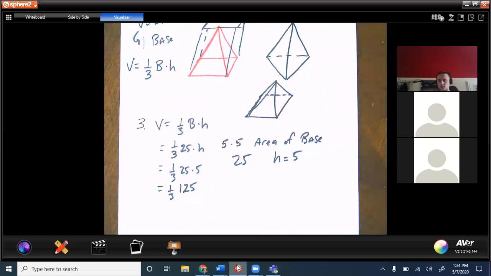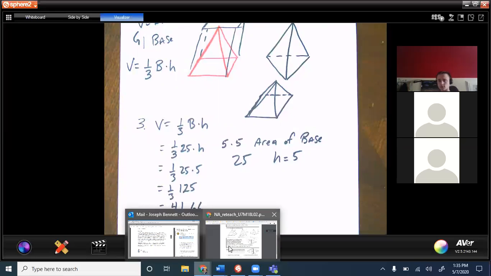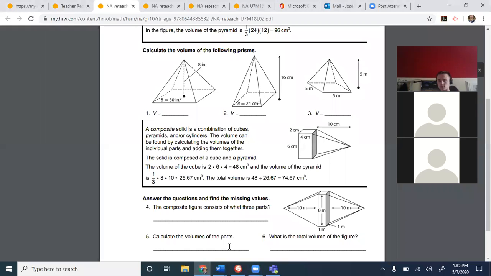That's not an even number. And so we end up with, what is that, 41.6. Is that feet squared? Let's see what they have. Oh, meters. Meters squared times the height, which would make it meters cubed.